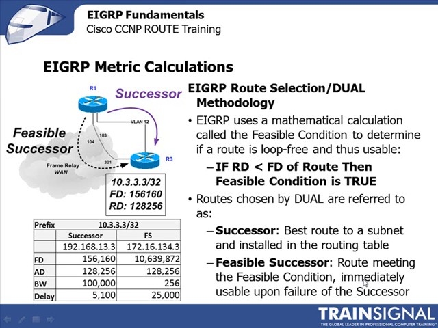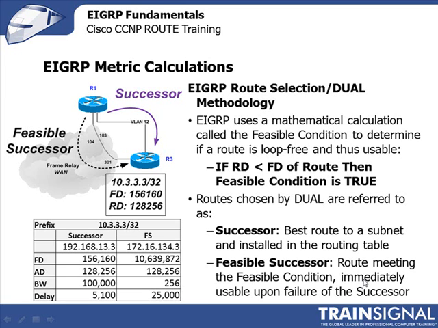Now, if there were multiple VLAN interfaces, there would be multiple successors. Successor is just the term for the valid route that's in the topology table and the IP routing table, the best route that's available. But one of the things that's very distinct about EIGRP is this concept of a feasible successor.